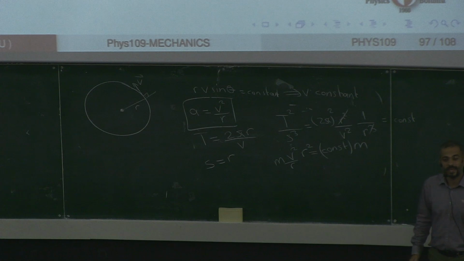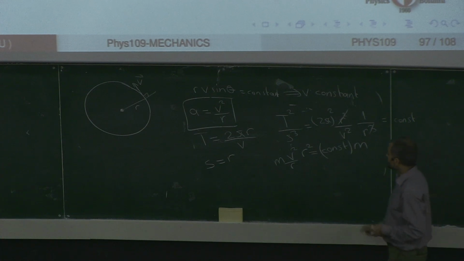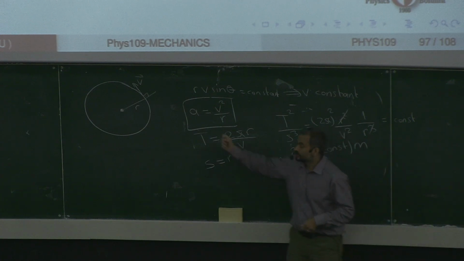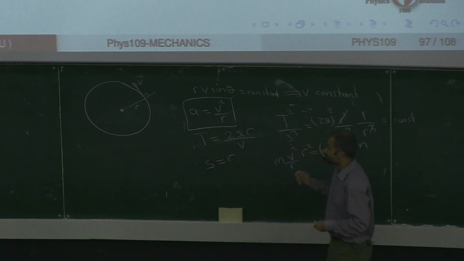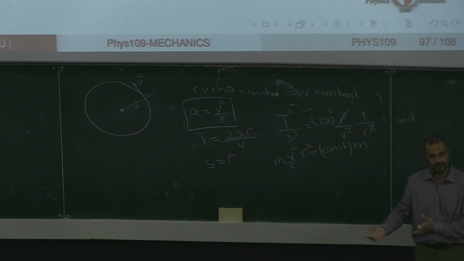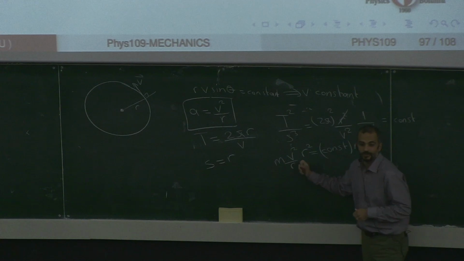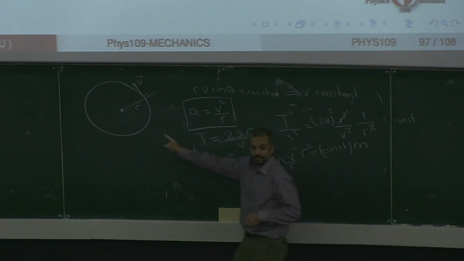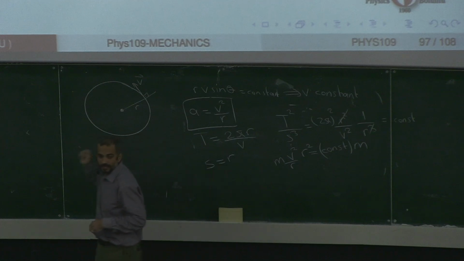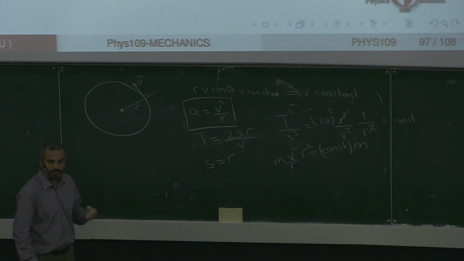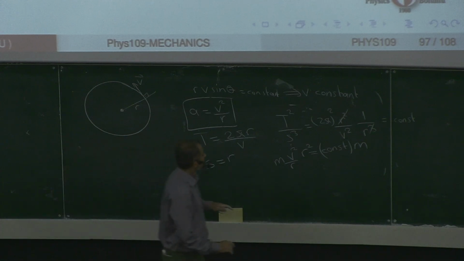It is the same for every planet. I just divide by r to get the acceleration. Well, I cannot just divide by r. If I divide by r, I have to multiply by r not to change anything. And then I ended up having this v squared over r, which is the acceleration of my planet. It is the only acceleration of my planet because it's making uniform circular motion. There is no tangential acceleration.